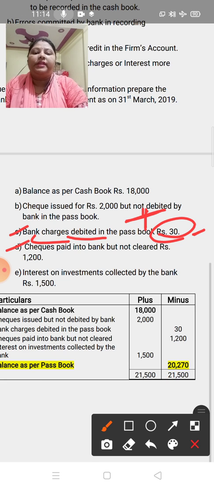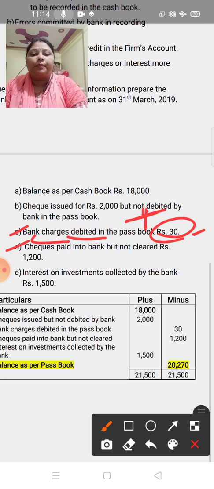Now the D point is check paid into bank but not cleared rupees 1200. Check paid into bank but not cleared means check deposited into the bank but not cleared, not credited by the bank. So at that time what you have to do?